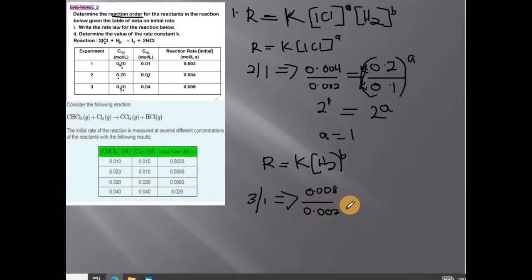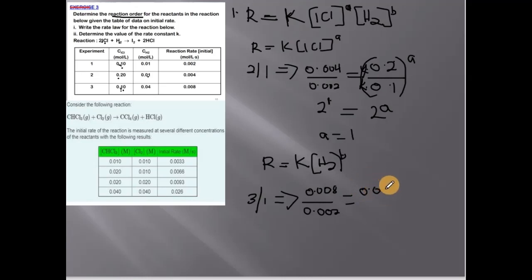Now the concentration of the hydrogen gas for experiment 3 is 0.04, over the concentration of the hydrogen gas for experiment 1, which is 0.01.